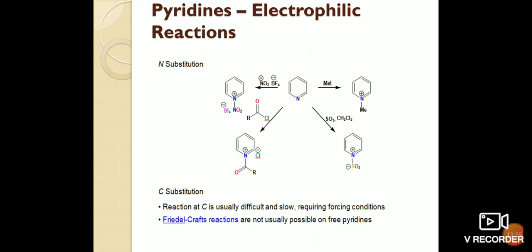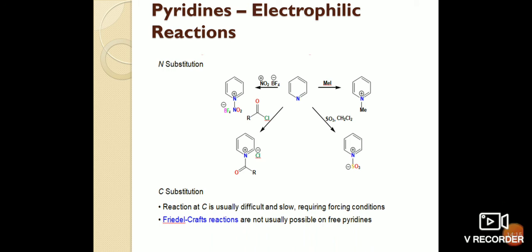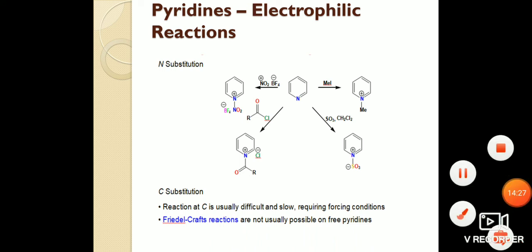So we see the reaction where N substitution is taking place with methyl, N-methyl substitution, sulfonation, then N-acylation and N-nitration. So C substitution, the reaction at C is usually difficult and slow, requiring forcing conditions. And Friedel-Crafts reactions are not usually possible on free pyridines. Thank you.